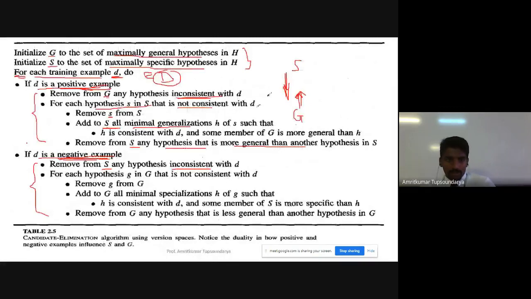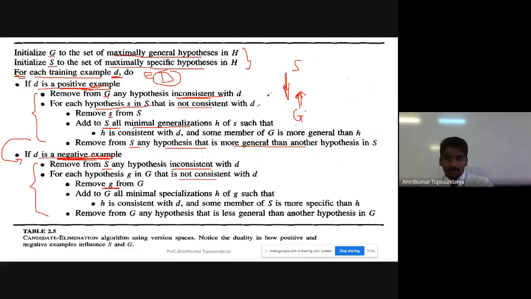So after the second training example, we get out of this for loop and we enter this if condition. That is, if negative example: when we encounter a negative training example, we are going to remove some specific hypotheses which are inconsistent, and for each hypothesis g in G that is not consistent with d, remove that g.